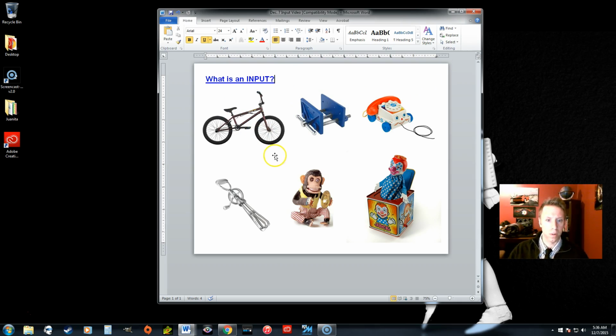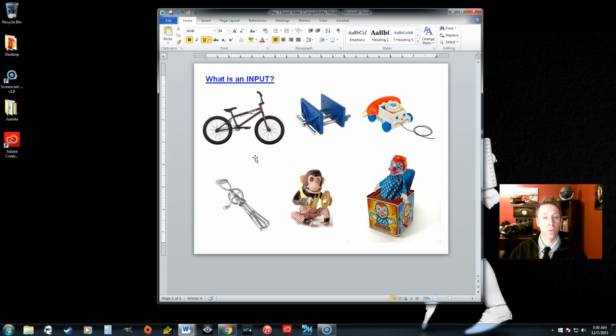So you think about a bicycle, and I want you to think about what is the input on a bicycle. Where does the energy enter the bicycle? So what is the part of the bicycle where the energy enters it? So the bicycle, it's a system. There's all kinds of different parts, and something happens when you put energy in the input.